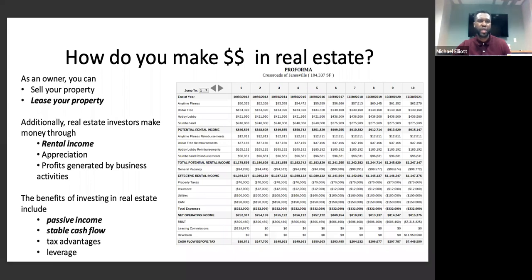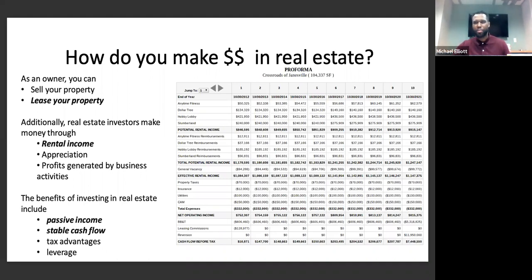The benefits of investing in real estate include passive income, stable cash flow. Again, if you're doing commercial, you will be entering into long-term lease agreements, as it relates to that stable cash flow that you can expect. Again, going back to that passive income, sometimes when I use the word passive income, there's definitely some type of work you'll be doing.